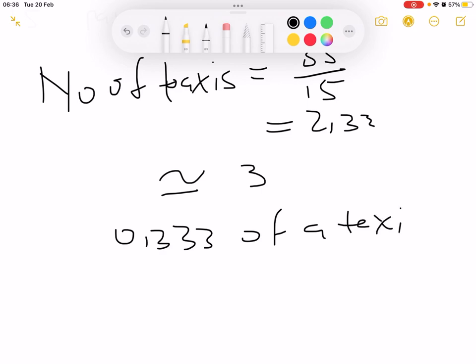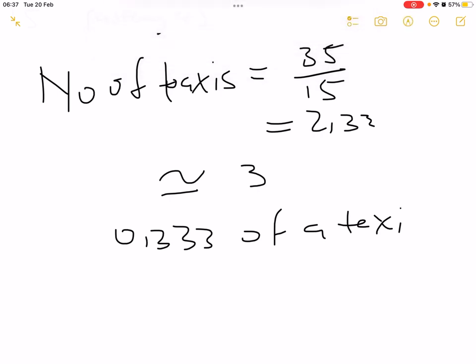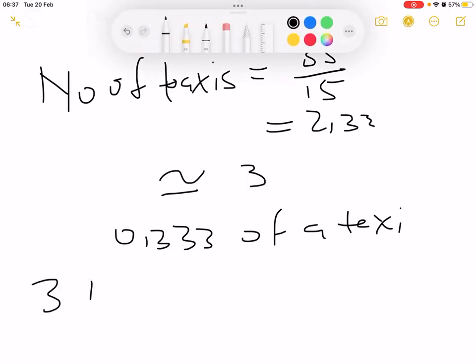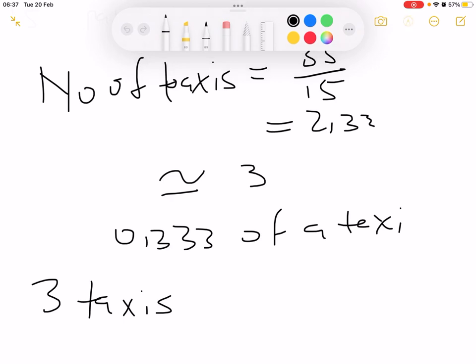And while I was teaching this, one of my learners even said, it takes 15 taxi to be full and another 15, and then the 5 is going to get into the third taxi, which makes sense. So therefore we round up to only one whole number, and therefore we're going to need 3 taxis. So total number that will be needed would be 3 taxis and not 2.33.